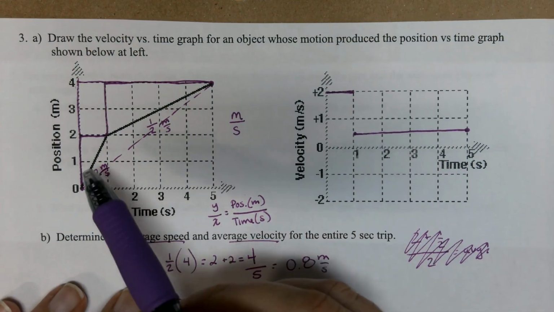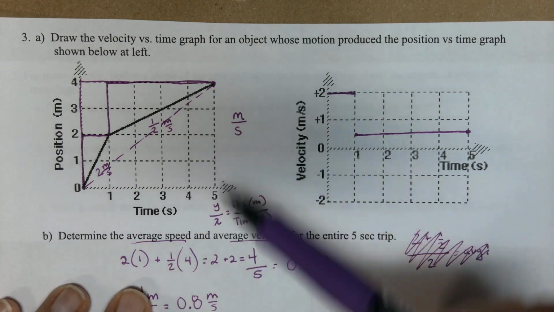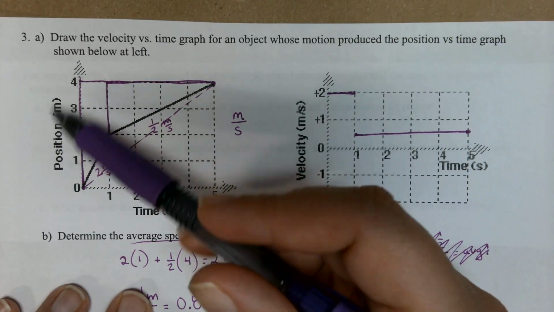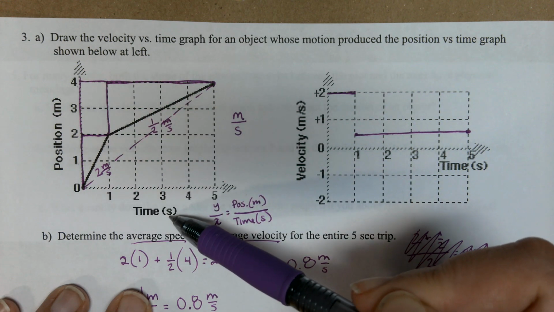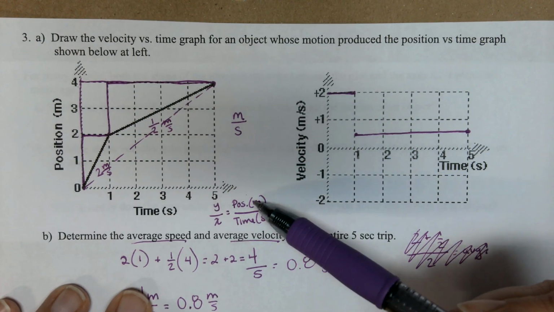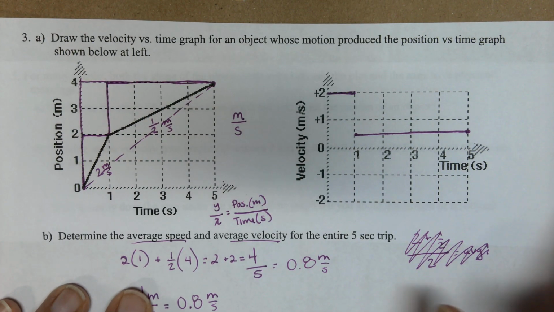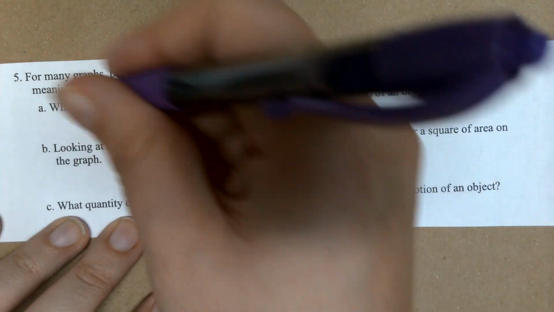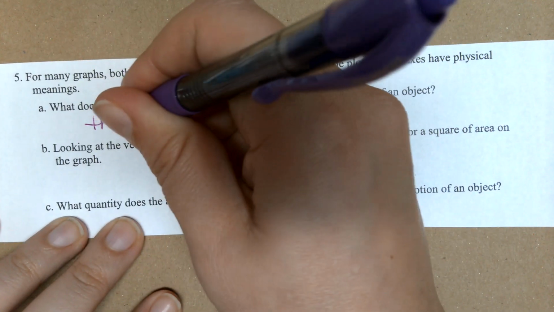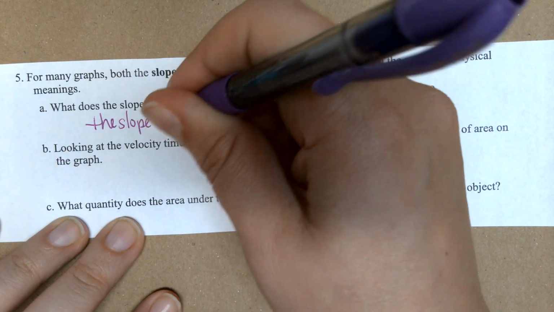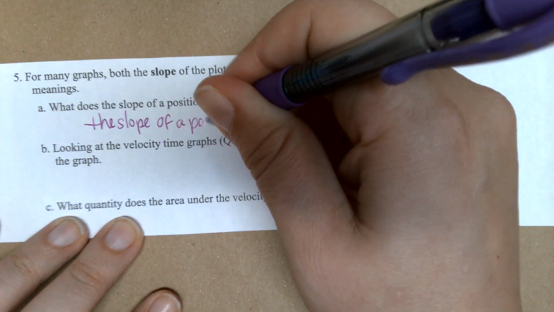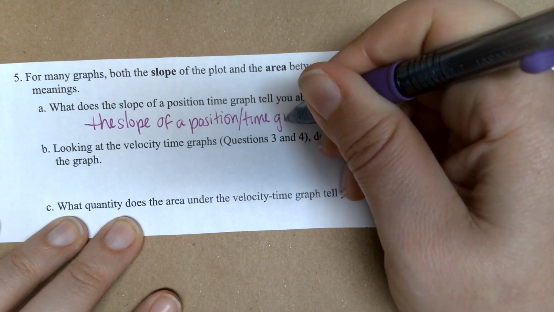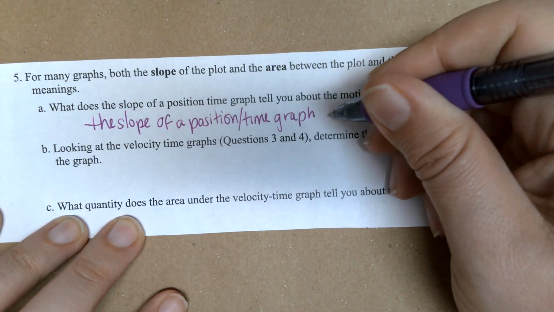The slope of a position time graph, remember slope is y over x, so position y is m and x is s. So y over x is position over time, or meters per second. So the slope of a position time graph will give you a velocity.